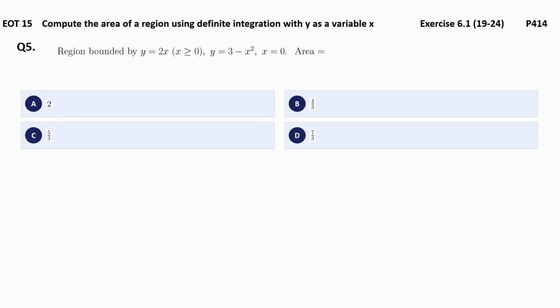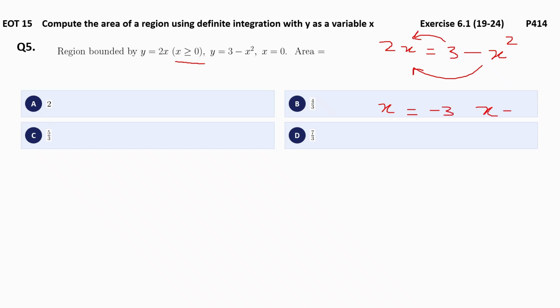Same goes with question number 5, but make sure there is a constraint x greater than or equal to 0. So when you try equating this expression 2x with 3 minus x square, and when you simplify using mode 5 concept by transposing negative x square and 3 to the other side, you will get your x values as -3 and 1.